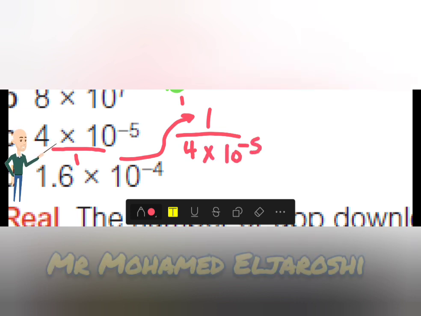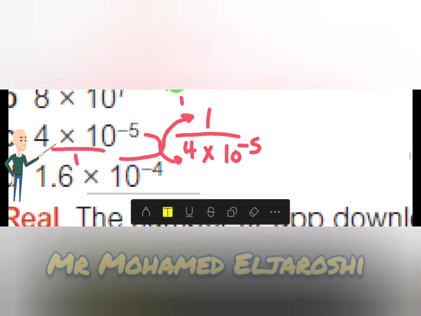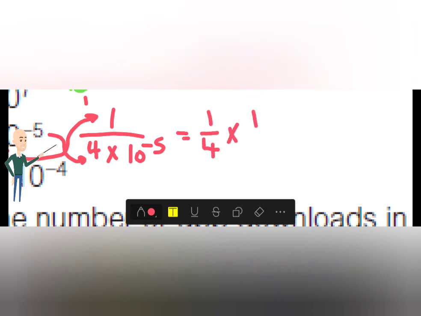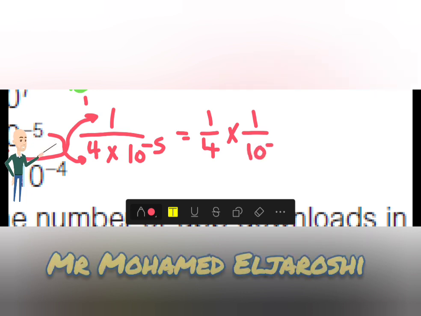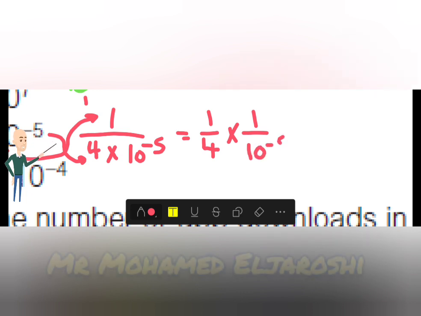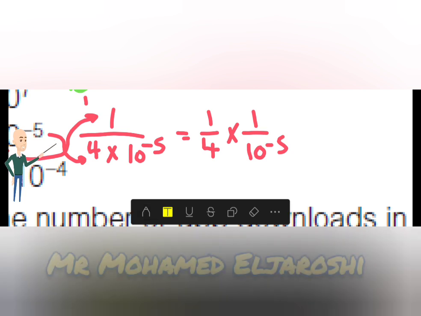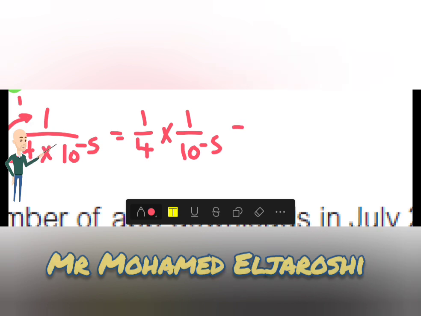This means 1 over 4 multiplied by 1 over 10 power of negative 5. 1 over 4 equals 0.25. Now, 0.25 multiplied by what?